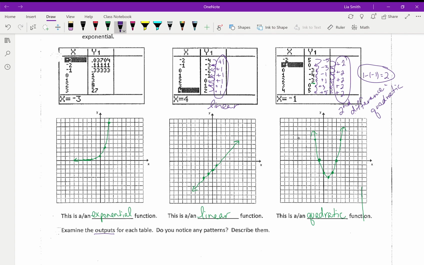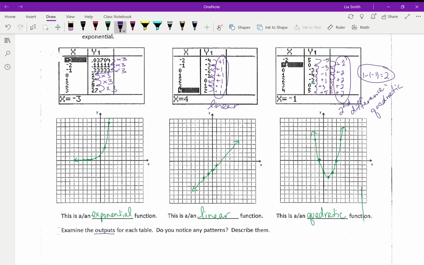How do I get from 9 to 27? I multiply by 3. How did I get from 3 to 9? I multiplied by 3. How did I get from 1 to 3? Multiplied by 3. How did I get from 1/3 to 1? Times 3. Times 3.